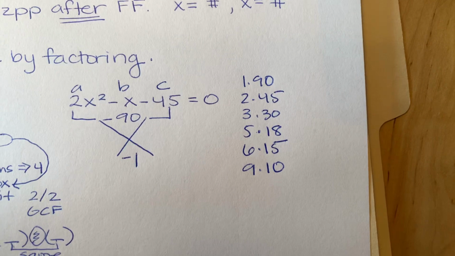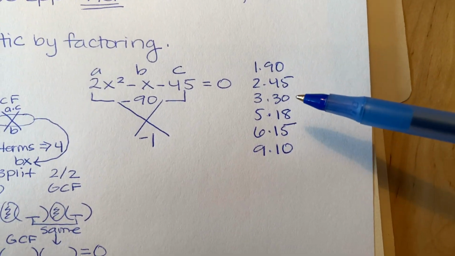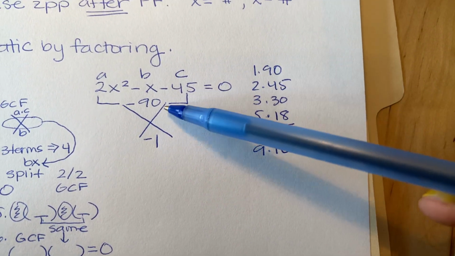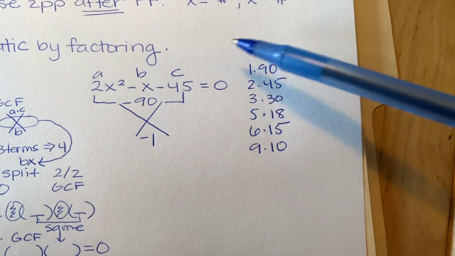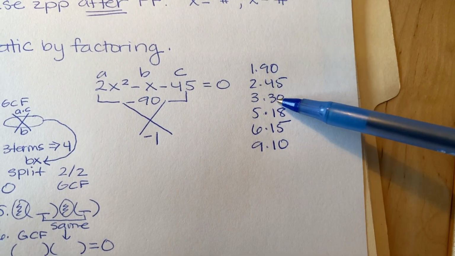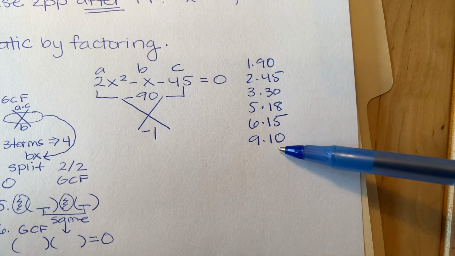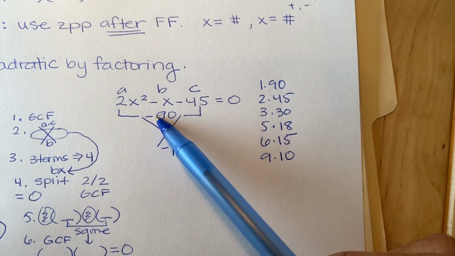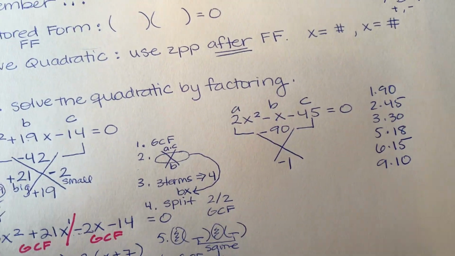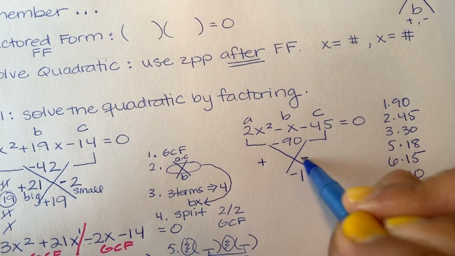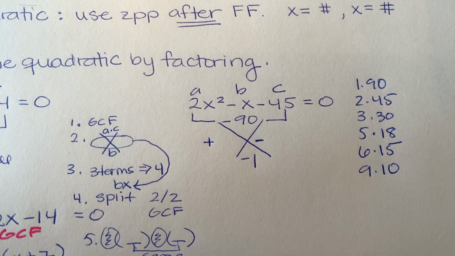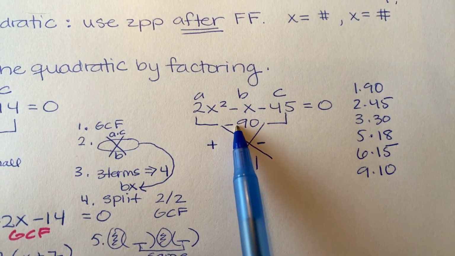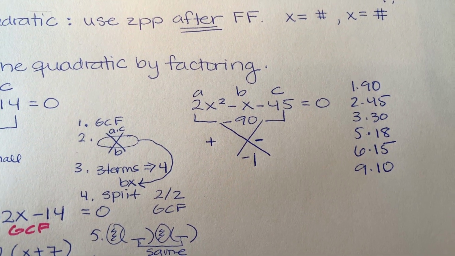Okay, so these are all the possible pairs of 2 numbers that become 90 when multiplied. So 1 times 90, 2 times 45, 3 times 30, 5 times 18, 6 times 15, 9 times 10. Now we look at the signs. 90 is negative again, so that means one number is positive and one number is negative, because a positive times a negative gives me a negative.